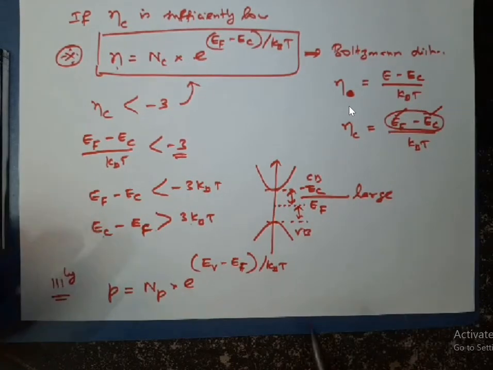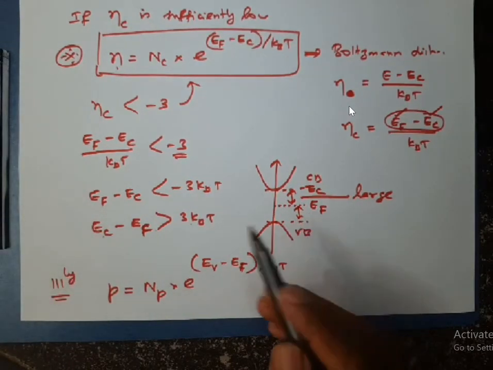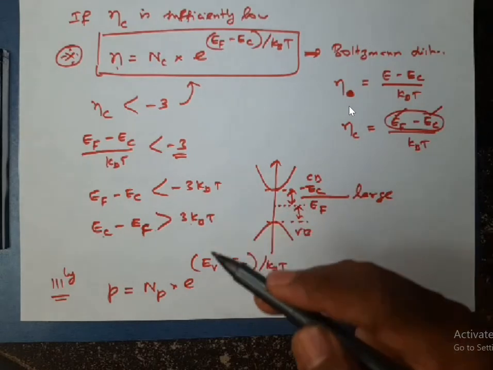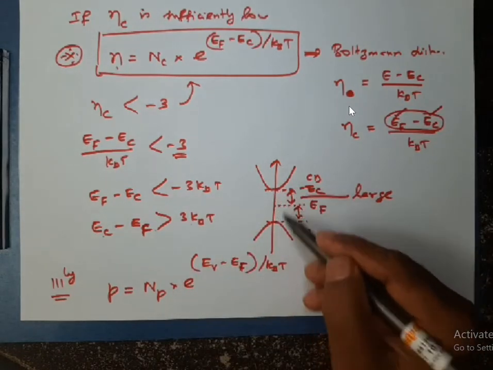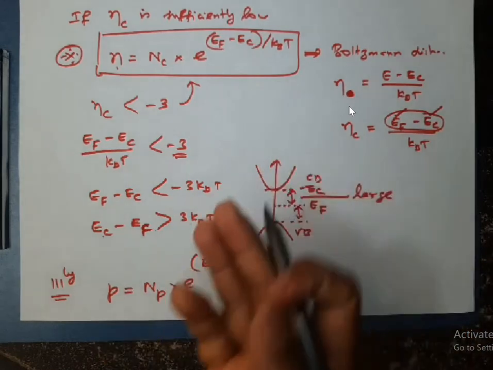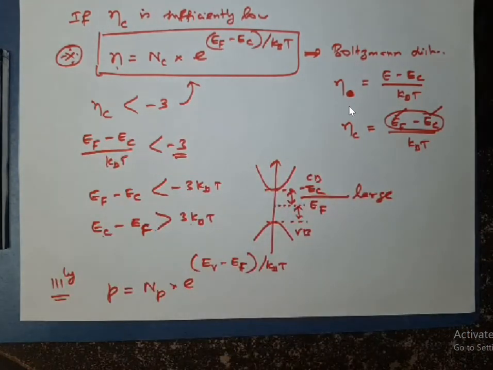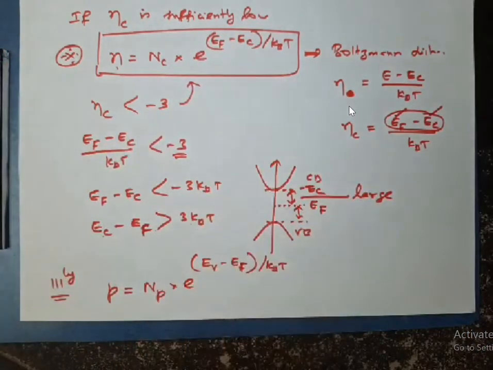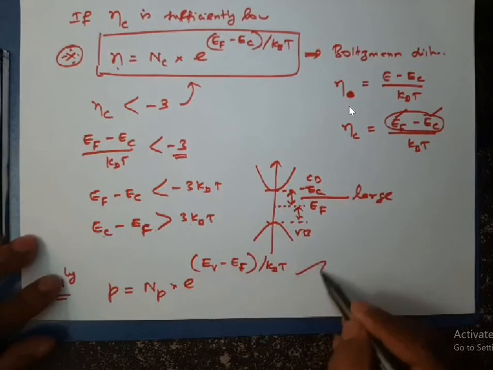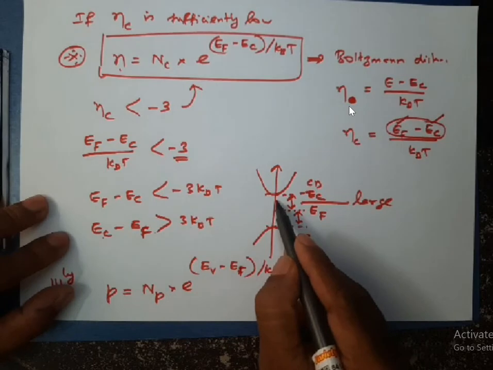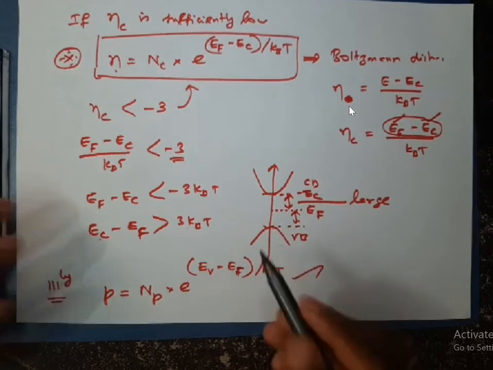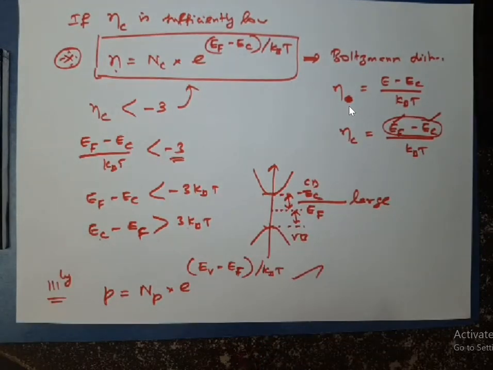Whenever the Fermi energy is present approximately at the middle of the conduction band and valence band, yes, you can use the Boltzmann approximation. This is called the Boltzmann approximation. Otherwise, if the Fermi energy is very close to EC or very close to the valence band, then there is no other way.